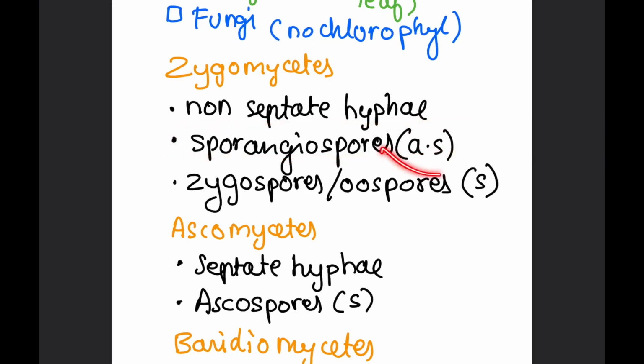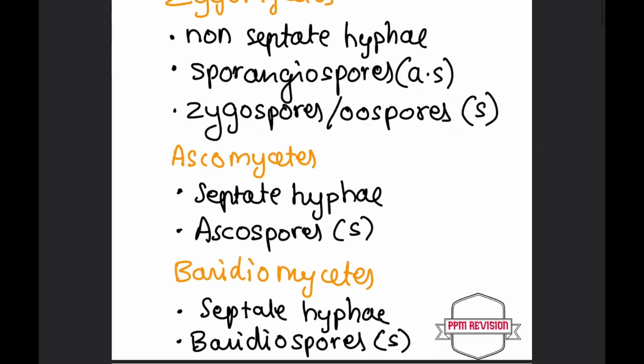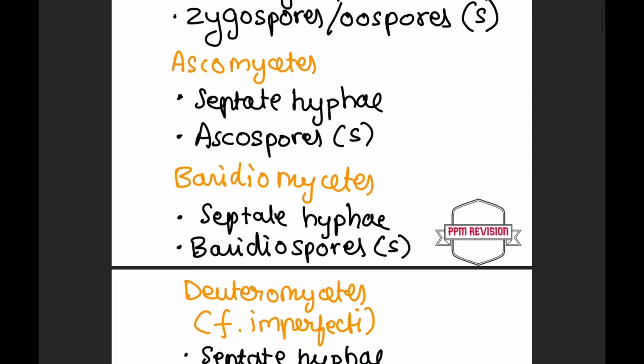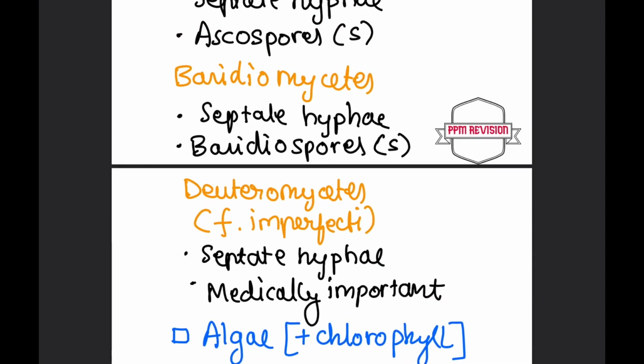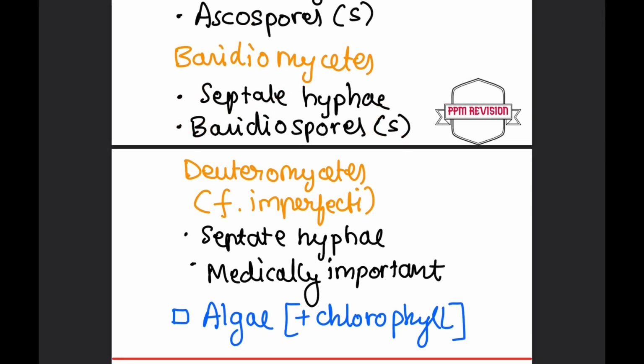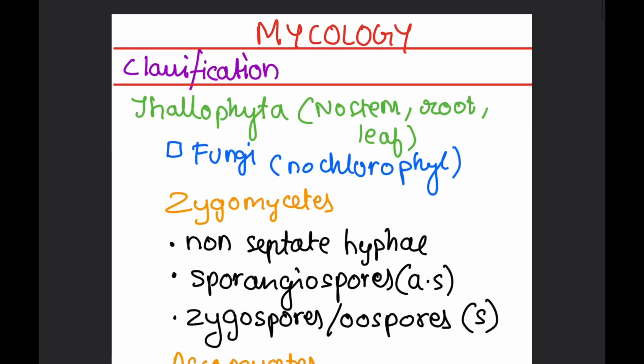They are asexual spores, and you have zygospores and oospores. They are sexual spores. And then Ascomycetes, there is septate hyphae and ascospores, and it is a sexual spore. And Basidiomycetes, there is septate hyphae and the sexual spore is Basidiospores. And fungi imperfecti, there is septate hyphae, and it is medically important.